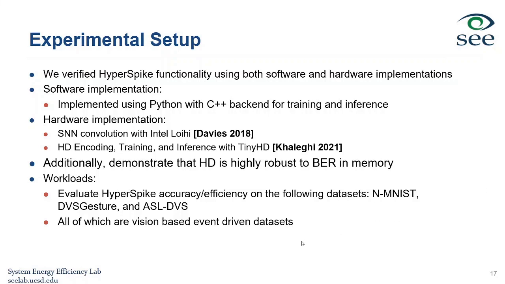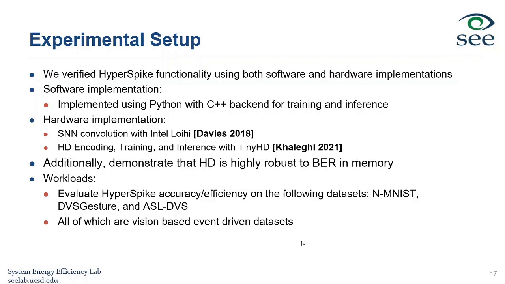For hyperdimensional computing, we utilize the architecture provided by TinyHD, and again use that to estimate energy, execution time, and area for the HD part. We also experimentally show that hyperdimensional computing is highly robust to errors by simulating bit flips in our Python software.